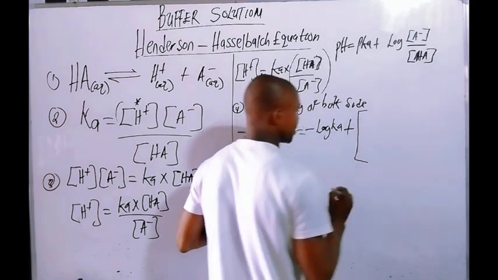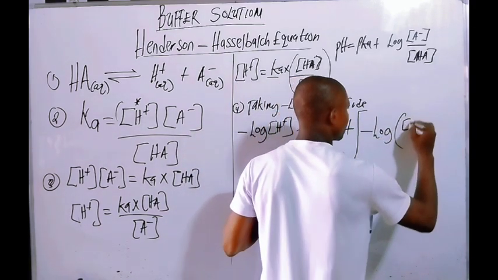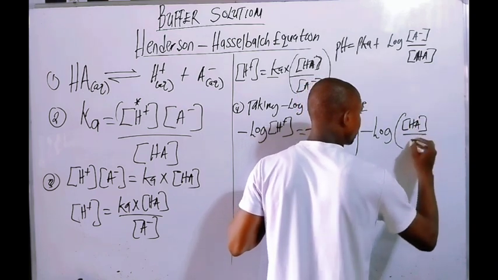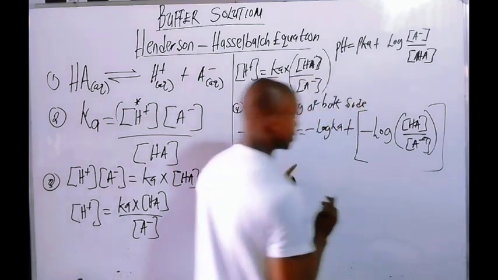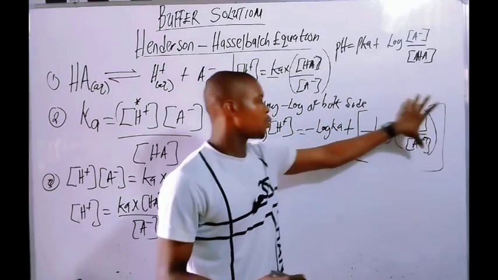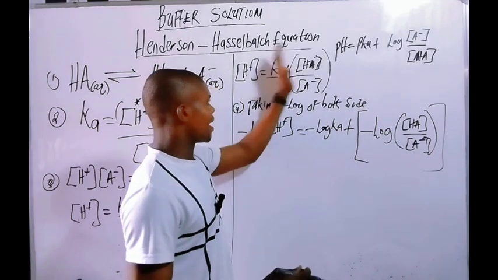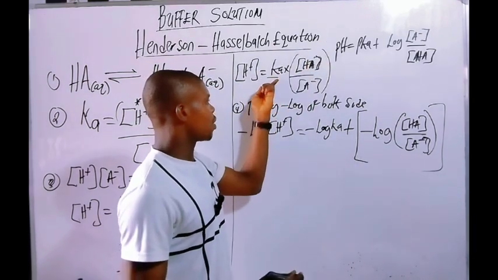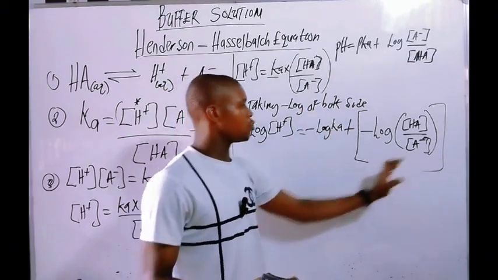So we put a square bracket here: minus log of HA over A minus. The main reason you put the square bracket is so that it makes more sense. Because Ka and this part are different, you take the negative log of this side, plus the minus log of the whole of this one, so you just separate them.